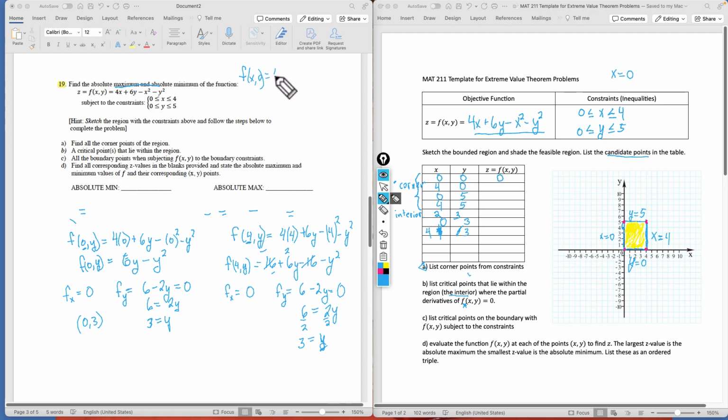That's going to give us 4x, I'm just recopying this down, plus 6 times 0 minus x squared minus 0 squared. So we get 4x, this is 0, that's 0, minus x squared. So that's our function.